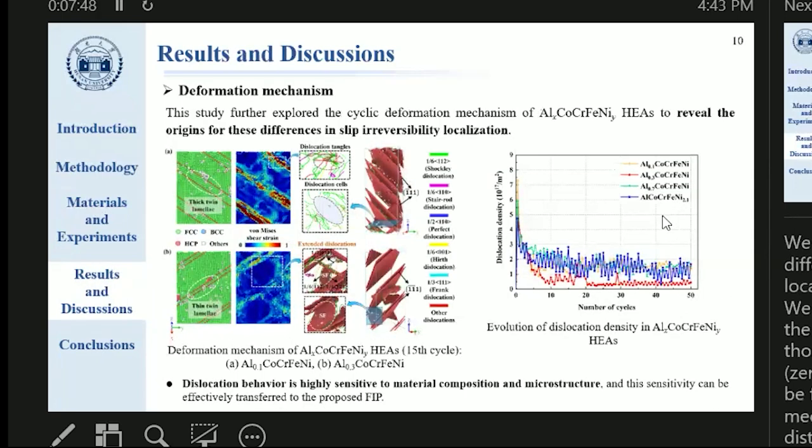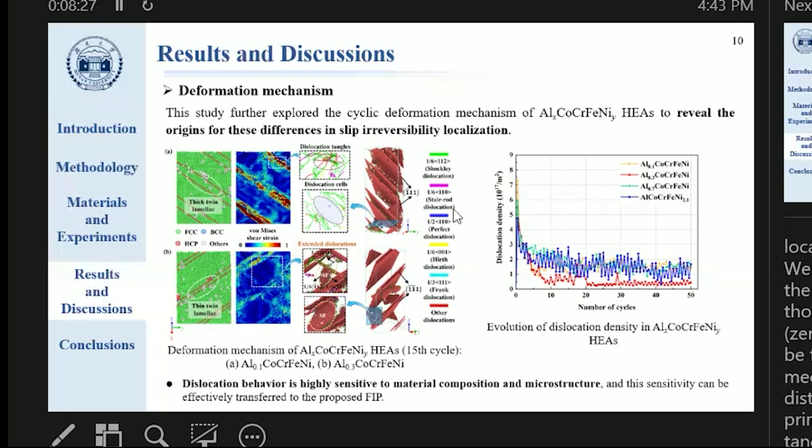We further explore the source of difference in slip irreversibility localization among the four HEAs. We focus on the two HEAs with the biggest W difference. These are the aluminum to nickel ratios of Z.1 and Z.3. It can be found in the figure that the deformation mechanism under cyclic loads is distinct.